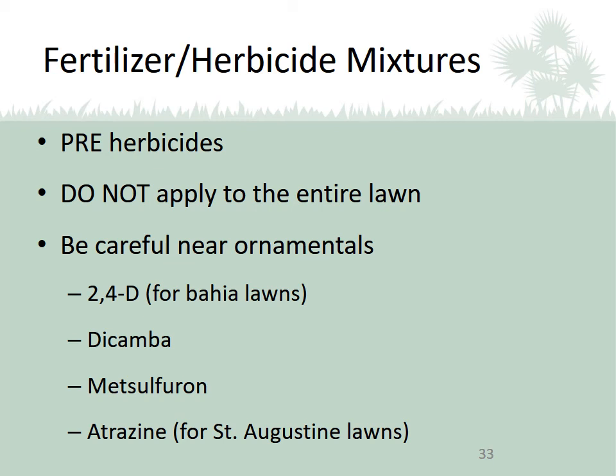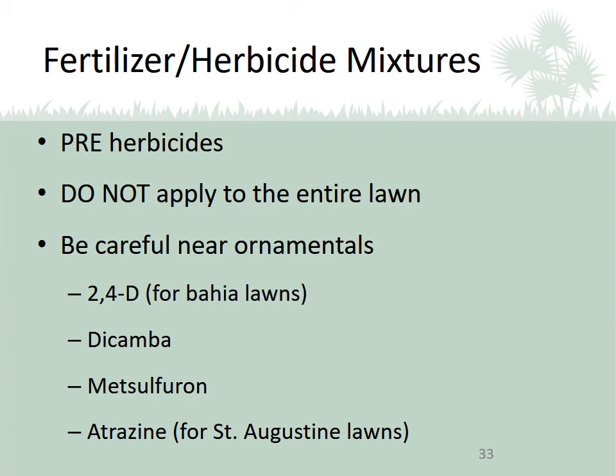Now, it's very difficult to control any kind of grassy weeds in a lawn because if you think about it, you're trying to kill one type of grass that's growing amongst another type of grass. And grasses and broadleaves are technically metabolically a little bit different, so you can design a chemical that's going to kill one and not the other, but it's almost impossible to design an effective herbicide that's going to kill a grass growing amongst another type of grass, which would be your lawn, either Bahia, St. Augustine, or whatever type of lawn grass you have.